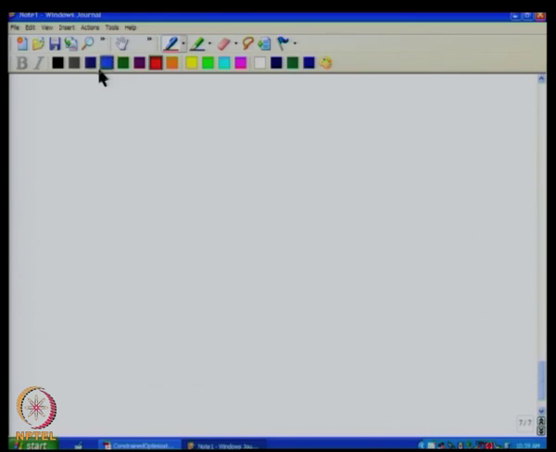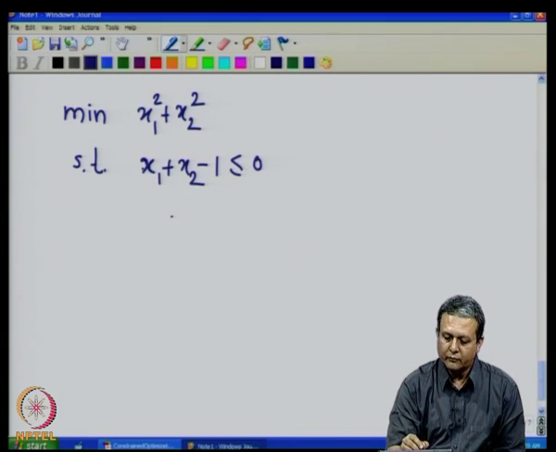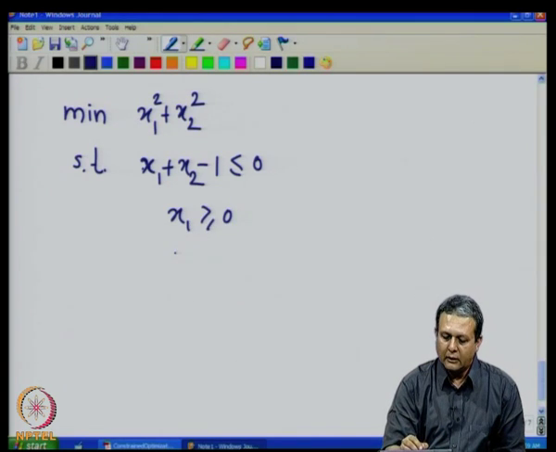But suppose we represent this constraint differently. If we consider the same problem, minimize x1 square plus x2 square subject to x1 plus x2 minus 1 less than or equal to 0 and x1 greater than or equal to 0 and x2 greater than or equal to 0.